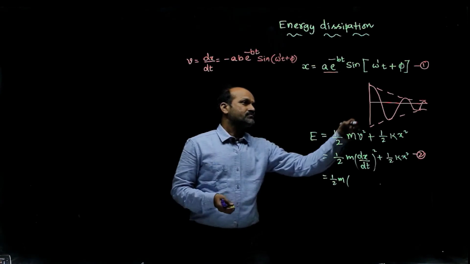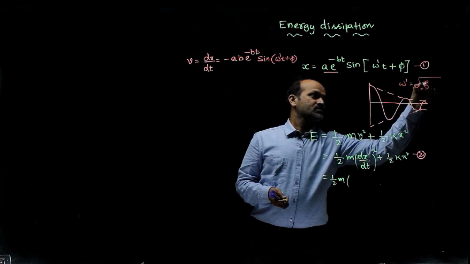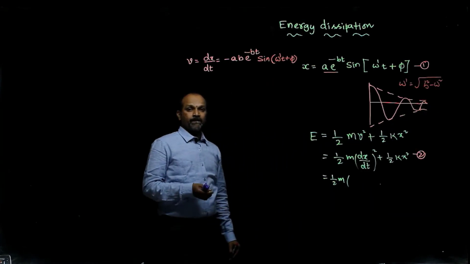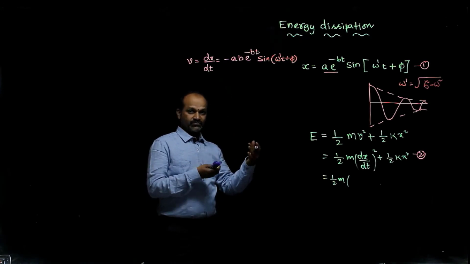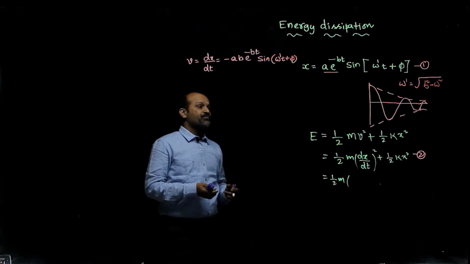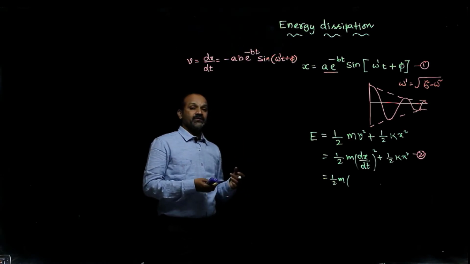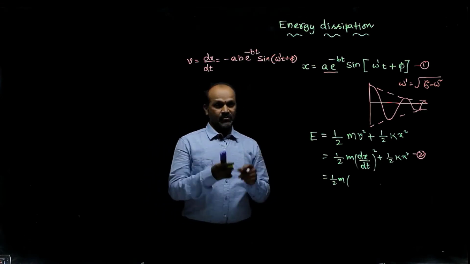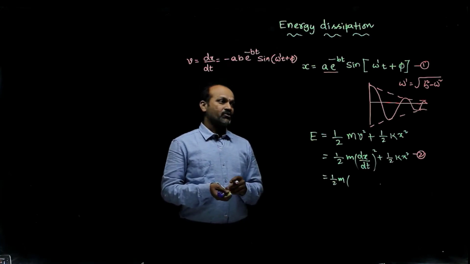Here omega dash is root of b square minus omega square. Okay, b represents the damping constant, the frictional force acting per unit velocity, 2b is r by m, which represents the frictional force acting on the oscillator due to the surrounding media, and omega is related to the restoring force acting on it.